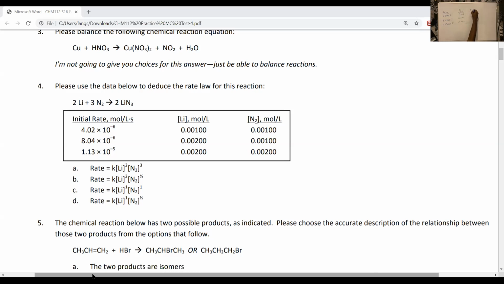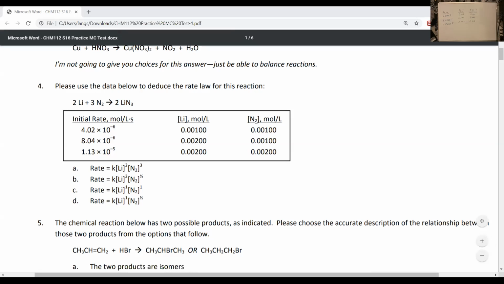We got nitrogen: 0.001, 0.001, 0.002. Right, and I want the rate law.